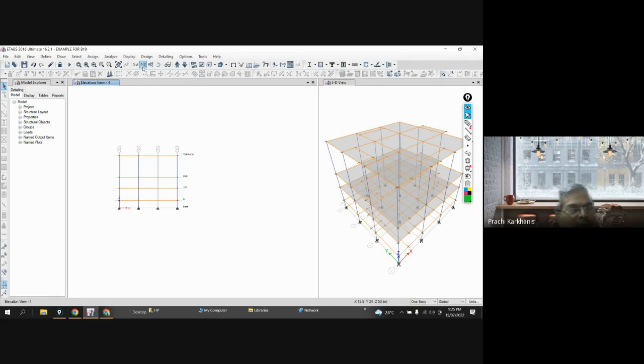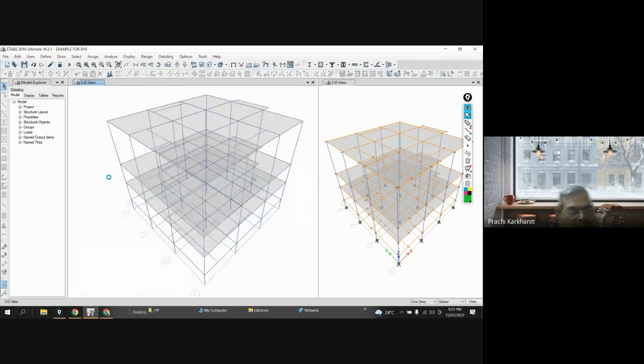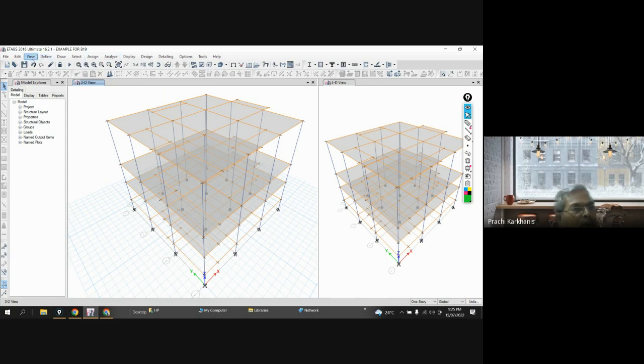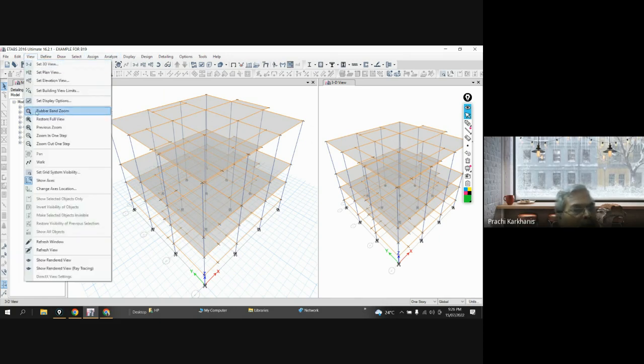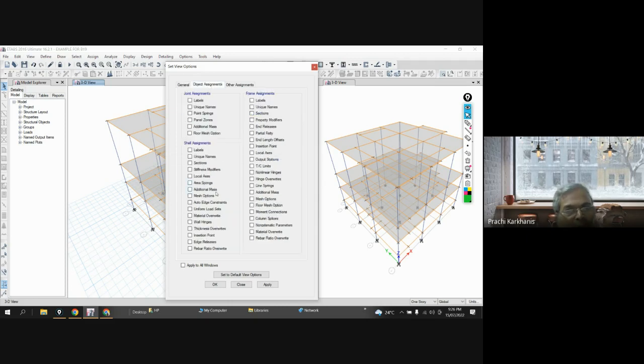Let us see. I will go to this. See, this is that. And now if I want to see the I end and J end, or if I want to see the local axis system, I will go to view, then I will go to set display options, and in display options I will have to check it in object assignment.